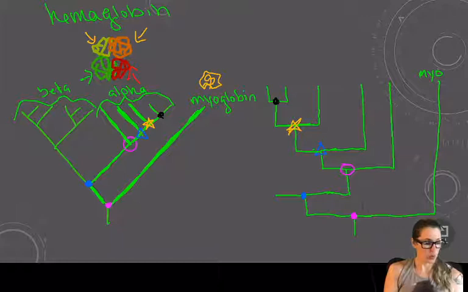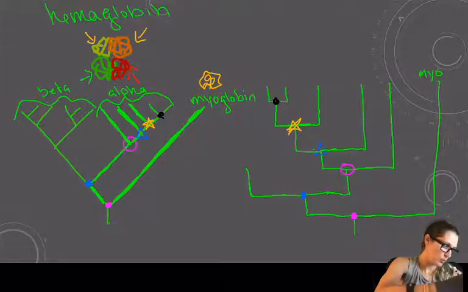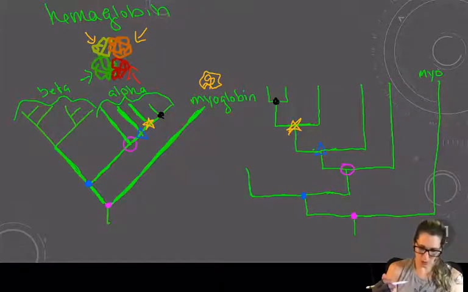Okay, so now we've gone from blue dot all the way up to black dot. Remember that there's another blue branch here, and I've made my tree too big. There's another blue branch that comes up from blue. So we go up to another branch point.